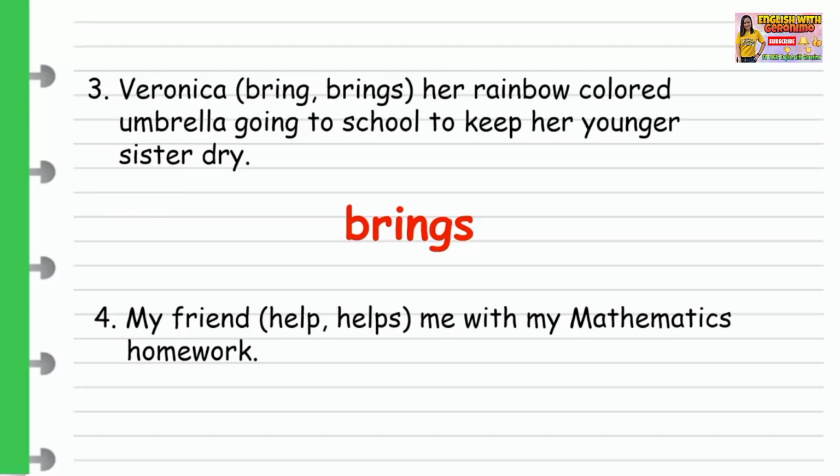The simple present tense of verb in number 4 is helps. There is an S at the end of the verb because the subject is singular or only one, my friend.